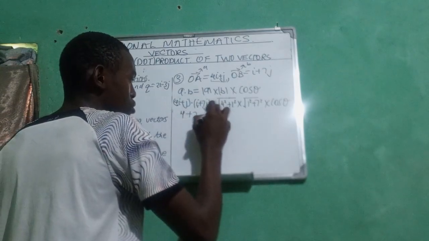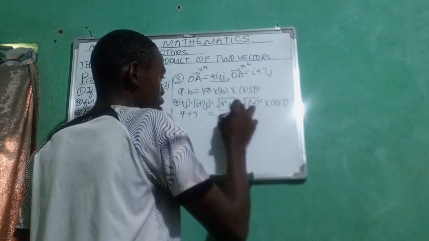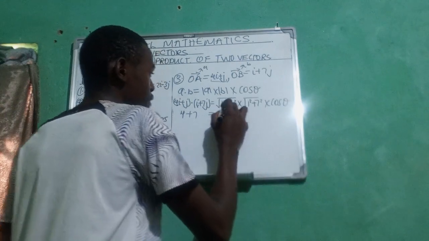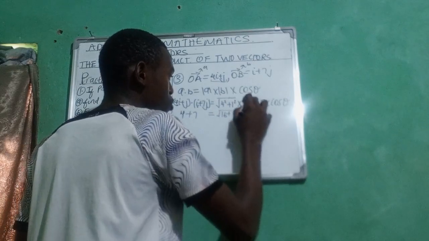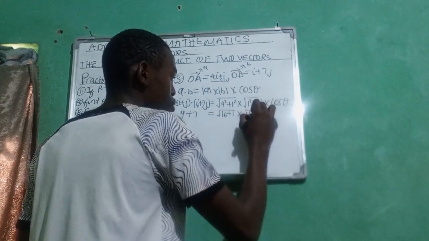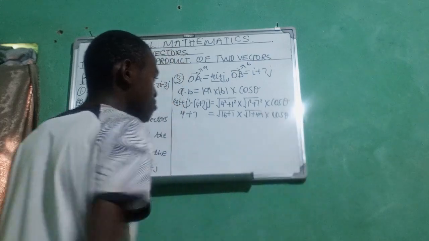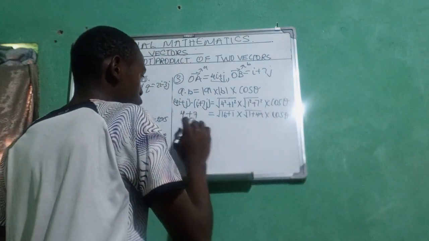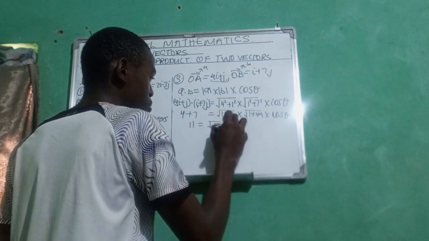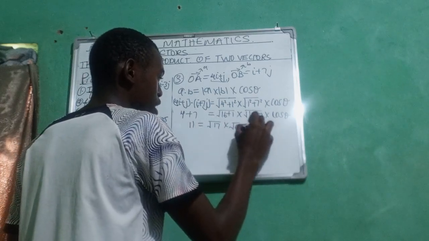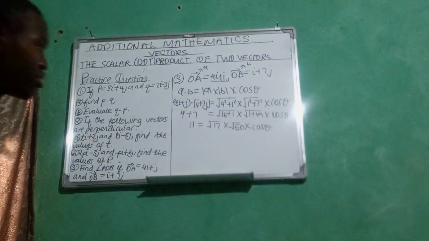So 4 plus 7 is equal to the square root of 16 plus 1, since 4 squared is 16 plus 1 squared is 1, multiplied by the square root of 1 squared, which is 1, plus 7 squared, which is 49, multiplied by cosine theta. Then we simplify: 11 is equal to square root of 17 multiplied by square root of 50 multiplied by cosine theta. That is how it has simplified.